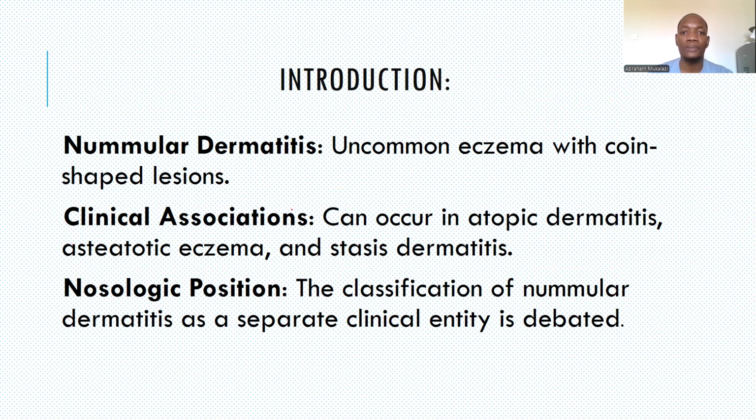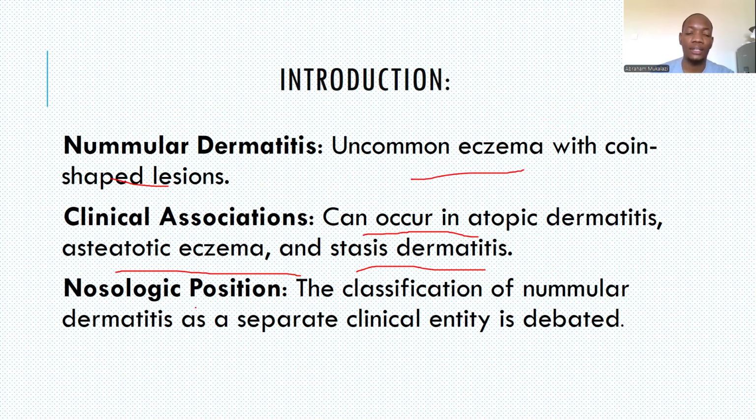So when you look at nummular eczema, it is one of the uncommon forms of eczema with coin-shaped lesions. Clinically, it can occur in patients with atopic dermatitis, asteatotic eczema, and also stasis dermatitis. So you have to be very keen to make a distinction if it is occurring in atopic dermatitis, because in some cases, that's when you make a diagnosis of atopic dermatitis with nummular morphology, and that is actually different from nummular dermatitis.